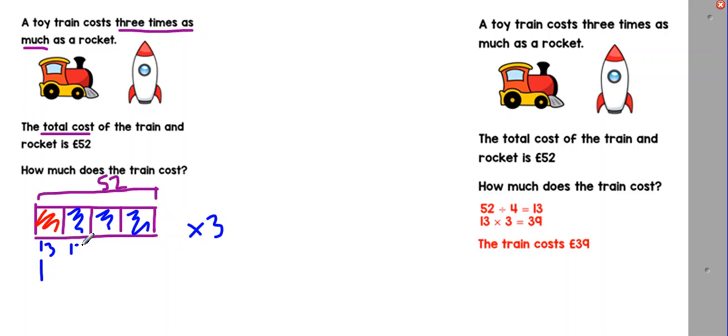You worked out how much each of the bars are in your bar model. So once you've worked out what 1 is, you can then work out what 3 is. So 13 add 13 add 13, or 13 times by 3, which is 39. So the train costs £39. Well done if you got that one correct.